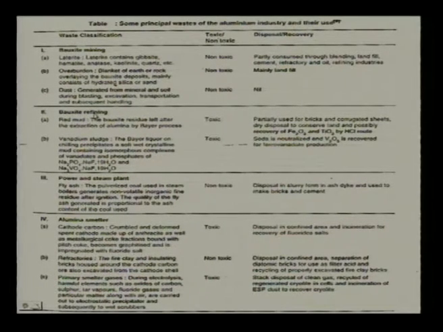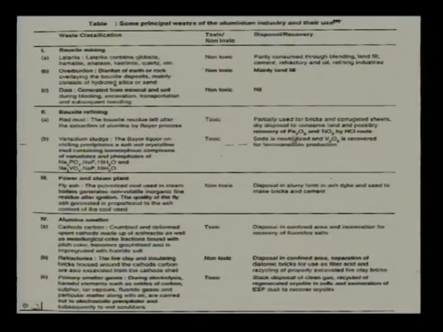After we have removed the top, then for bauxite mining, we end up with red mud, the bauxite residue left after the extraction of alumina by Bayer process. This is toxic. It is partly used for bricks and corrugated sheets, dry disposal to conserve land and possibly recovery of Fe2O3 by HCl route. They are being tried. Dry disposal means we do not allow too much of liquids to go with the red mud, but then there is a problem that they can fly around.